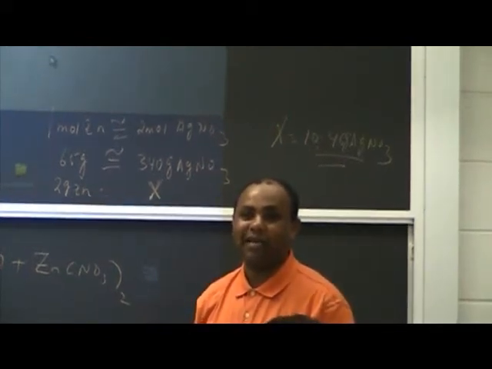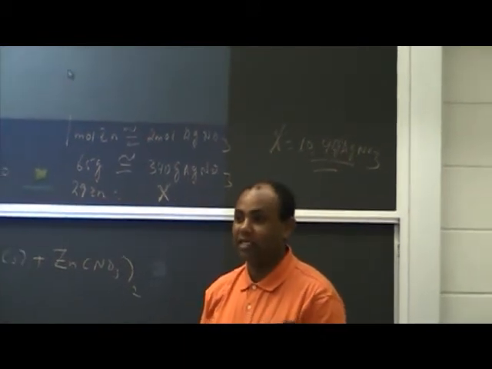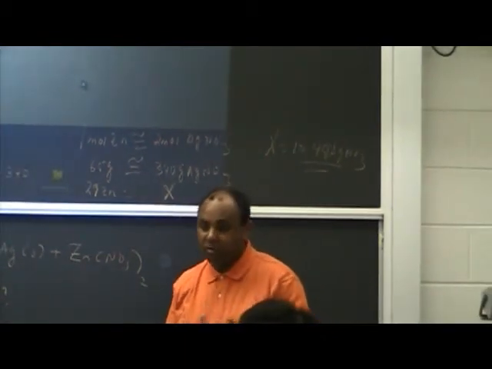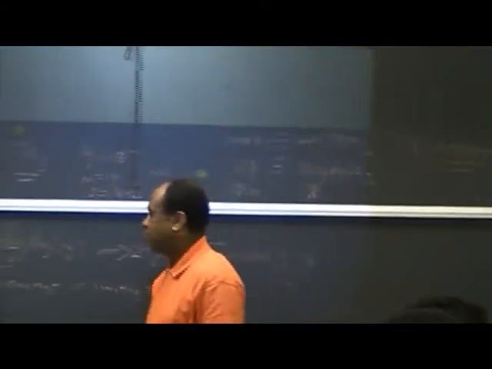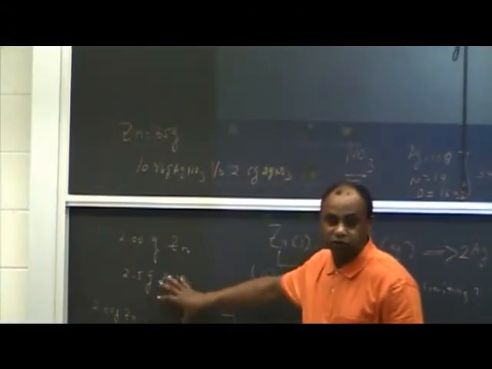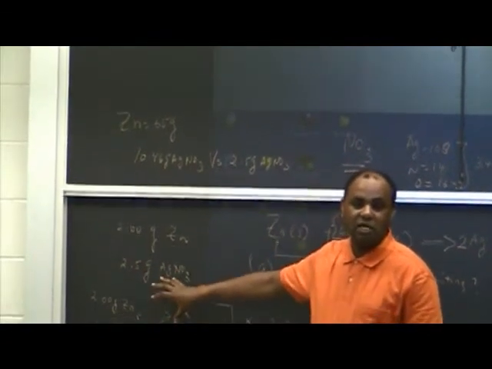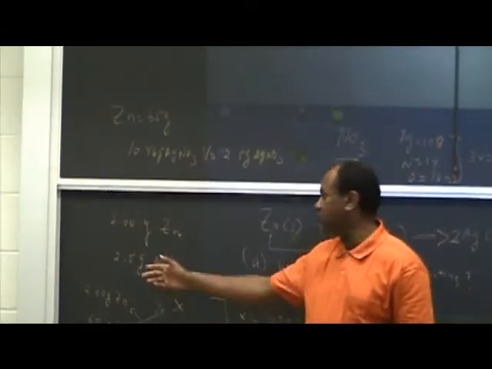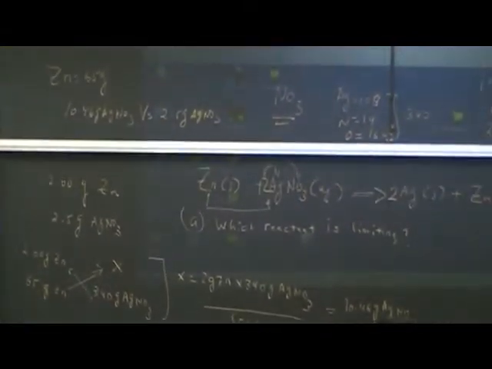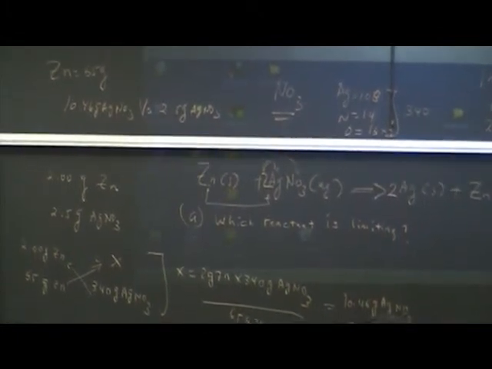We don't know. But maybe he didn't know the accurate amount. It means these 2.5 grams of silver nitrate is a limiting reactant. But it's not enough. For 2 grams of zinc, you have to have 10.46, but 2.5 grams is not enough.